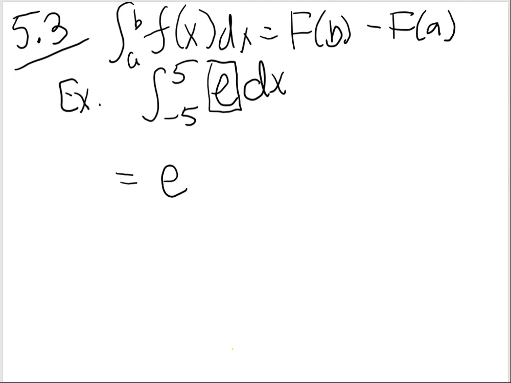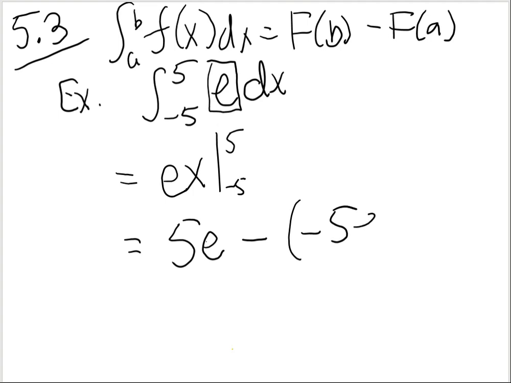That's going to be e times x from -5 to 5, or 5 times e minus -5 times e, or 10 times e. Don't be thrown off by the fact that there's e. E is just a number, similar to pi.